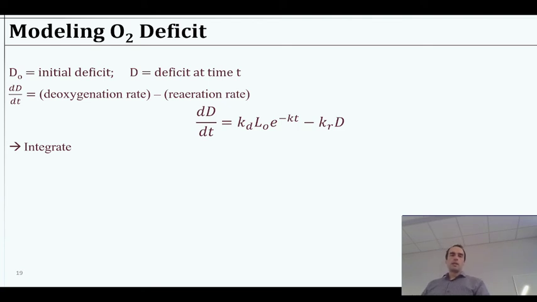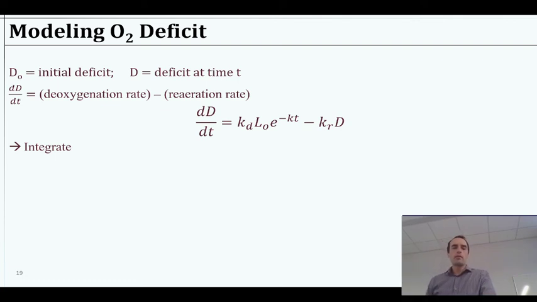And now I'd like to put it together. So we have D naught as the initial deficit, D as the deficit at some time t. So we can write dD/dt, and essentially this is going to be the deoxygenation rate minus the reaeration rate. All right, so those are the two components.